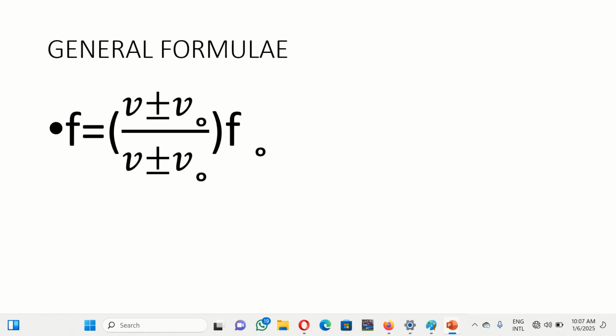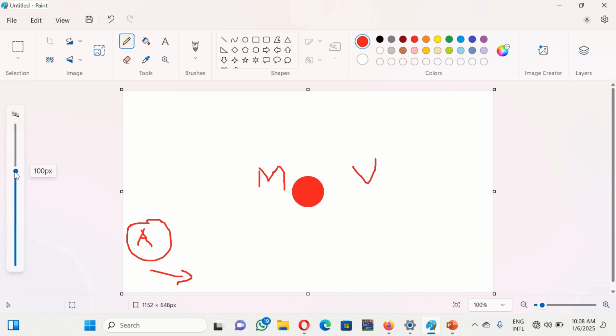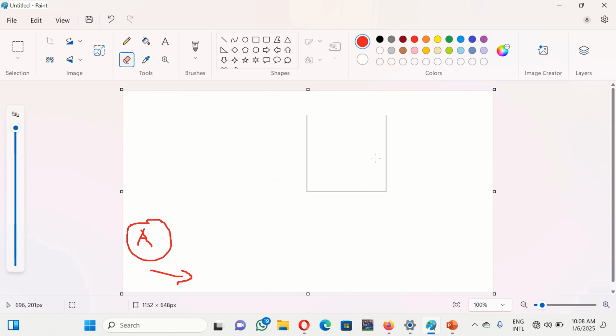Doppler gave this formula where we have f equals (v plus or minus v naught) over (v plus or minus vs), multiplying f naught. Here it is supposed to be s. So let's consider that here.